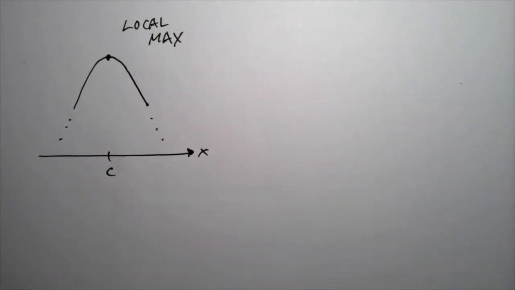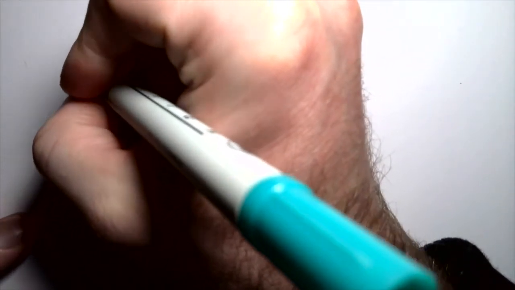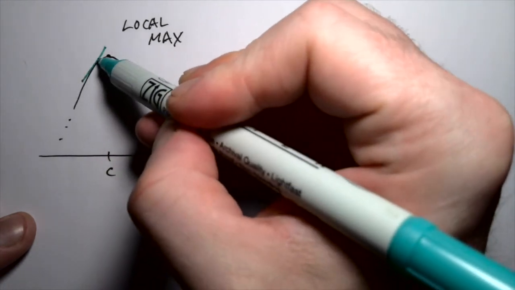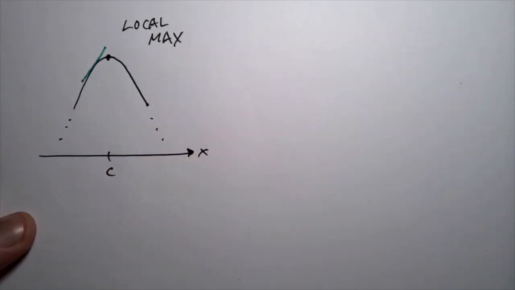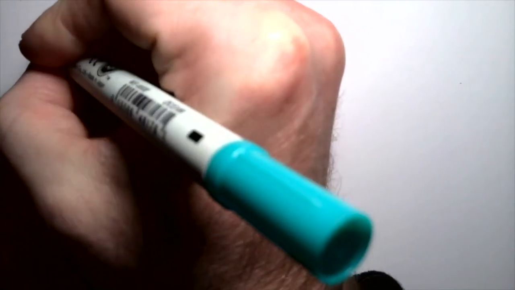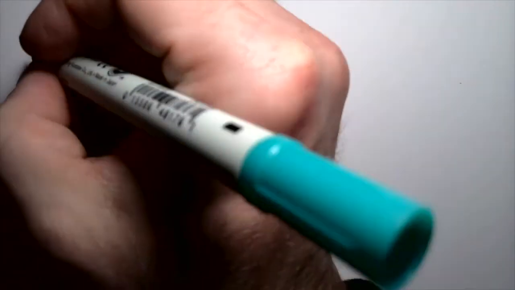We want to figure out what behavior of the function we can identify that will imply that we have a local maximum. All right, think about the tangent line to the graph of this function. The tangent line here to the left of the local maximum has positive slope, because the function's increasing.